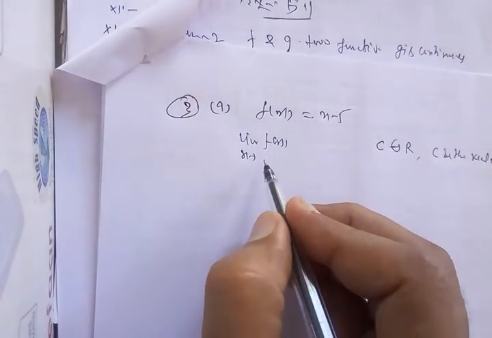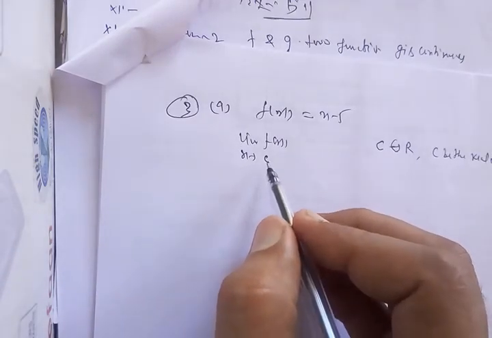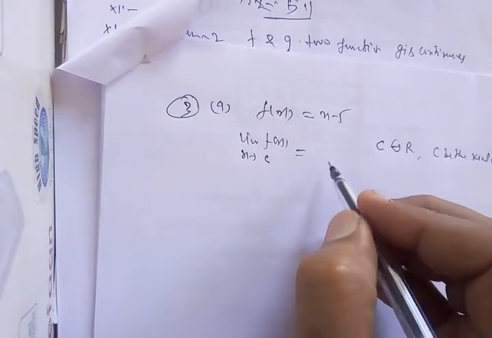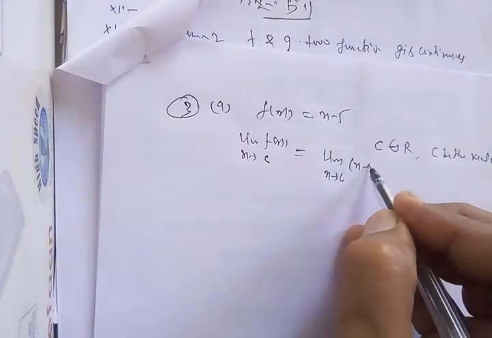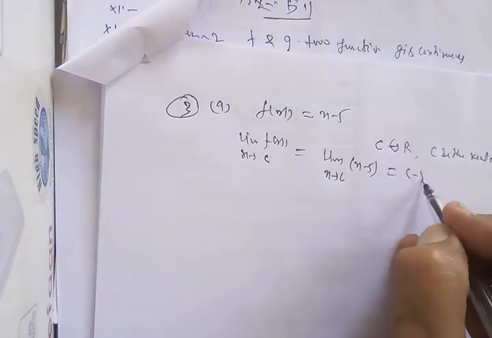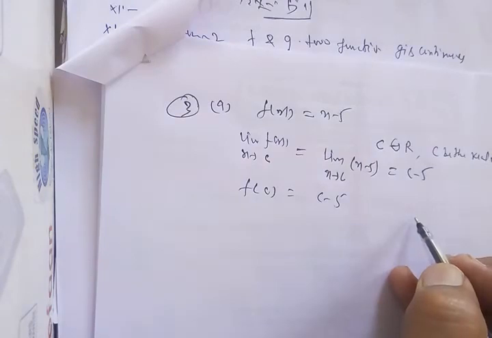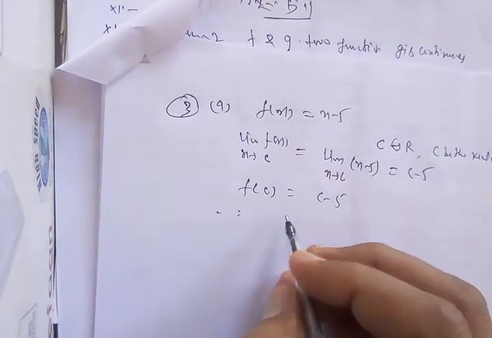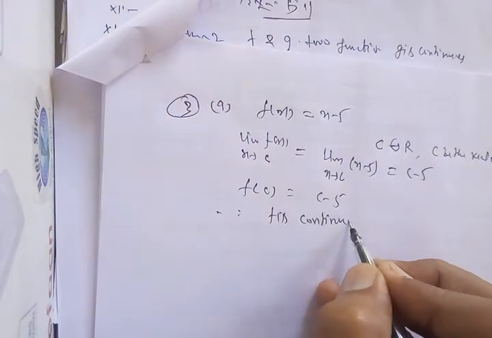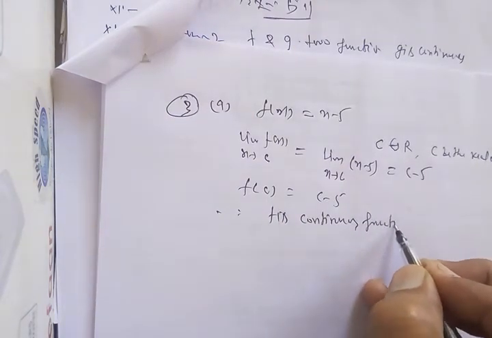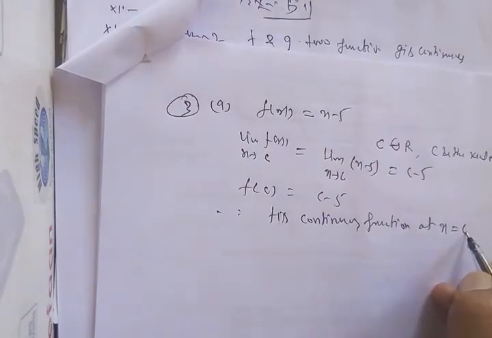Clear? So at point c, limit x tends to c of f(x) equals limit x tends to c of x minus 5, which equals c minus 5, and f(c) equals c minus 5. Both are equal. So therefore f is a continuous function at x equal to c.